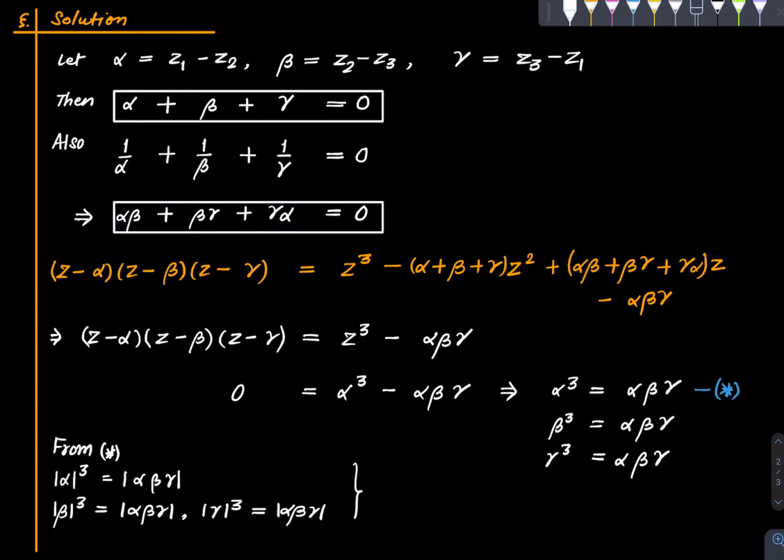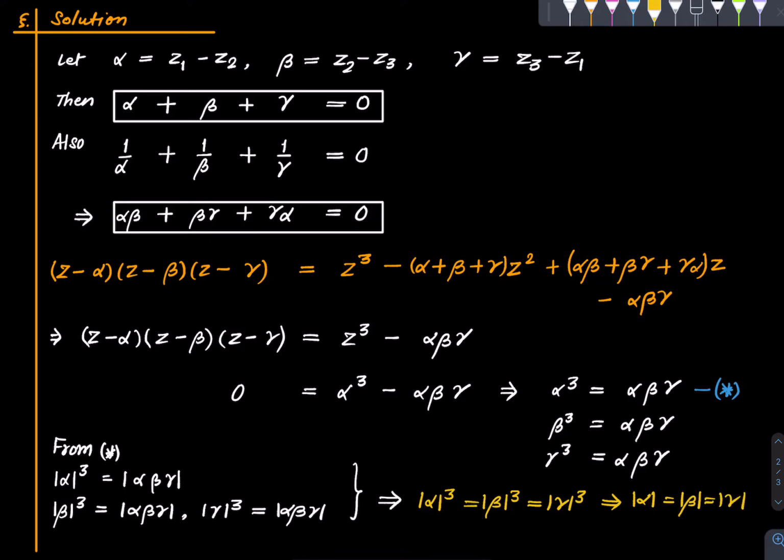All right, but this implies that the magnitude of alpha cube is equal to the magnitude of beta cube equals the magnitude of gamma cube, which implies the magnitude of alpha equals the magnitude of beta equals the magnitude of gamma.